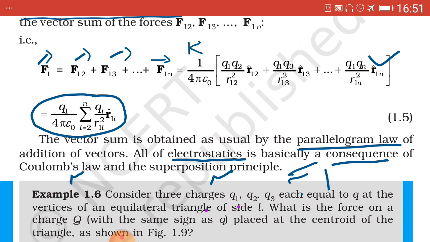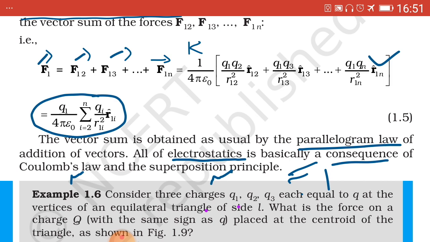Now suppose here in the entire discussion, in both the examples, we have calculated the total force F1 vector on charge q1. Instead of that, suppose we want to calculate the total force vector F2 on q2 charge. Then equation 1.5, that is the most simplified form, can now be written as vector F2.